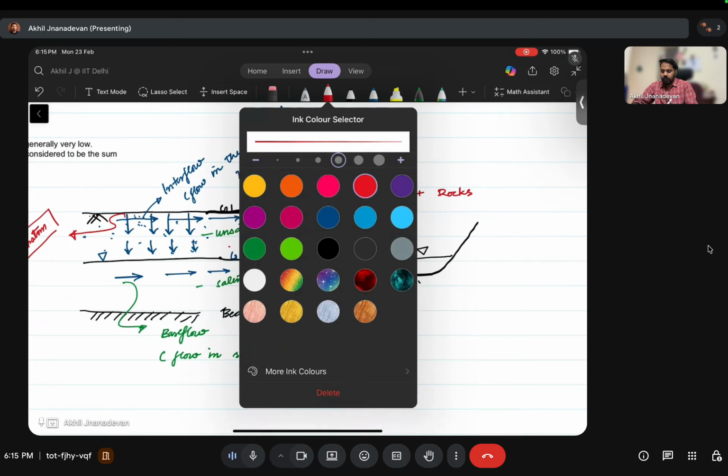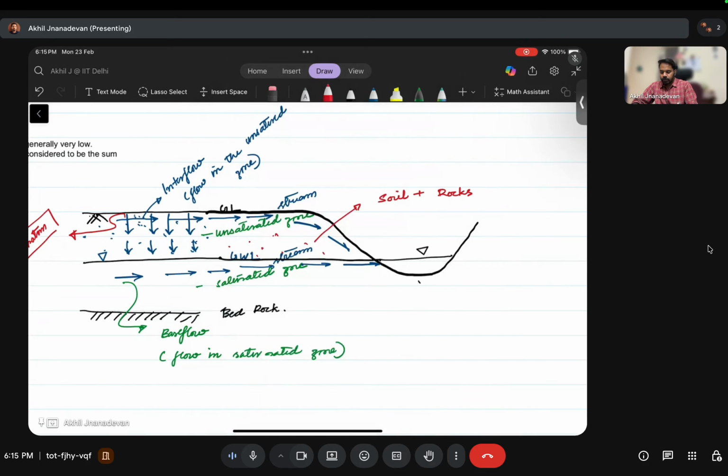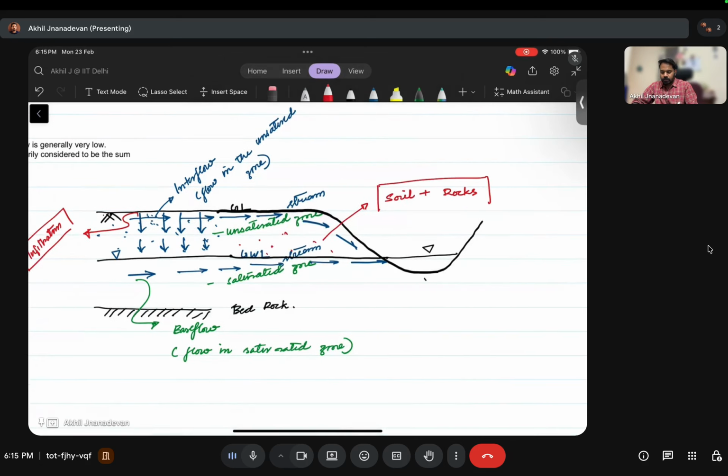And collectively, in this particular lecture, we will be calling the subsurface a porous medium. A porous medium is nothing but a medium which has pores, and the flow will be taking place through these pores, right?